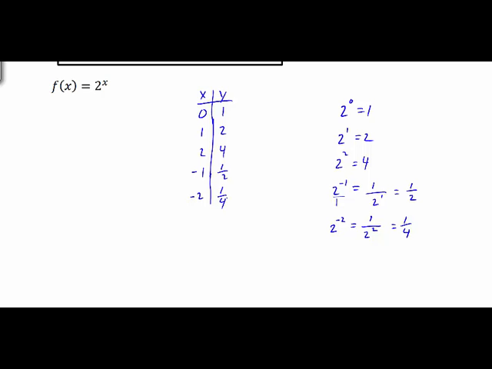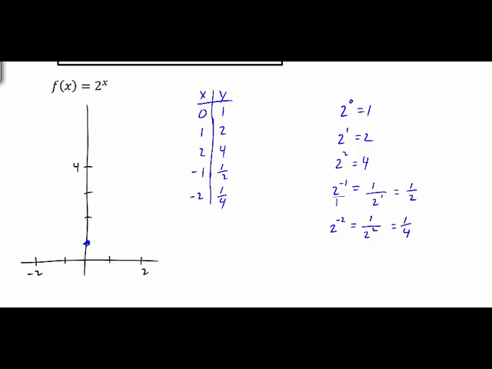So now let's see what happens if we were to plot these points. At x equals 0, we're at 1, so at 0 we're up here to 1.